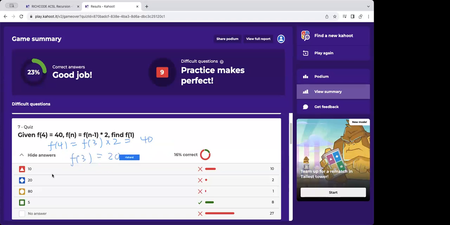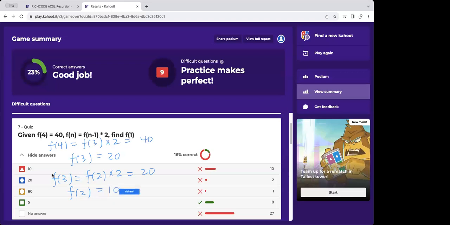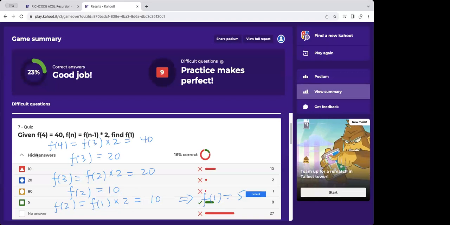Same thing, f(3) equals f(2) times 2, which is 20, so f(2) equals 10. And we are looking for f(1). So f(2) equals f(1) times 2, which is equal to 10. So f(1) is 5. So that's why 5 is the correct answer for this one.